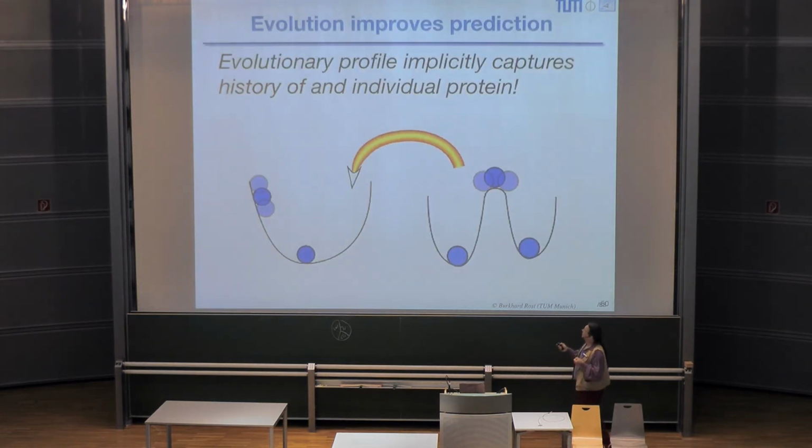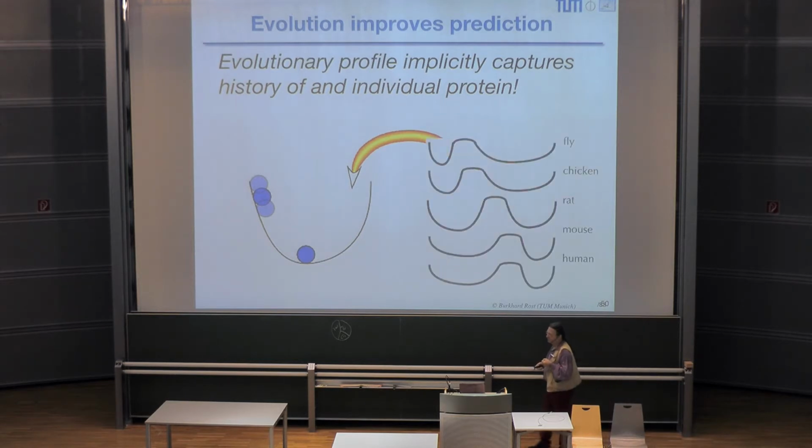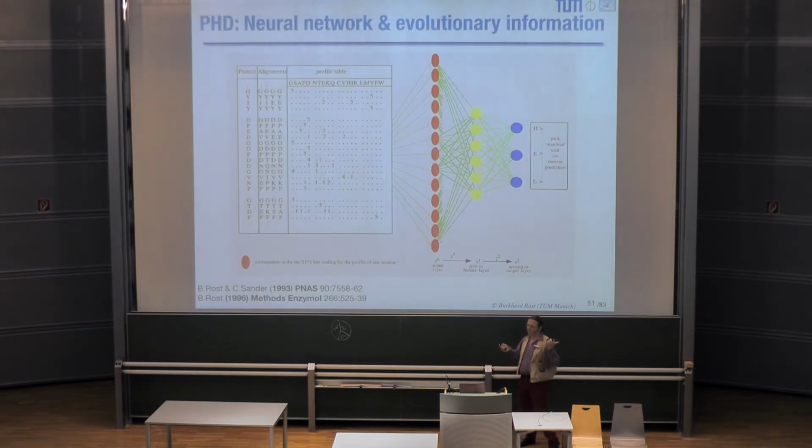If you think about it, it's transferring one problem like this one into another problem by averaging out over different organisms. The way to apply that, to put that into the neural network, is simple. You use the same neural network as before. However, now, instead of just putting in the sequence, in my example it still is the proline here in the middle.